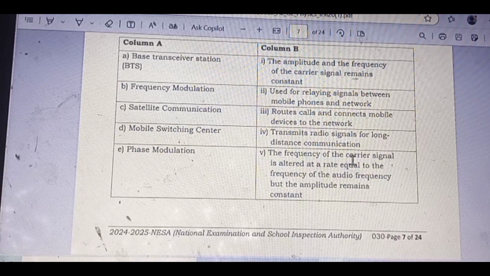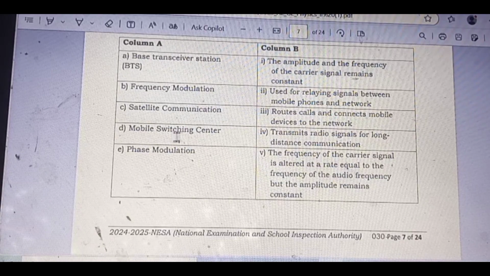The frequency of a carrier signal is varied at a rate equal to the frequency of the audio signal, but the amplitude remains constant. C. Satellite communication matches to IV, transmit radio signal for long distance communication.